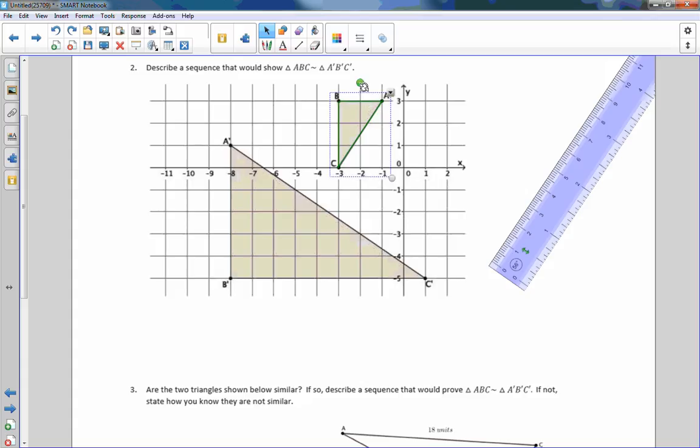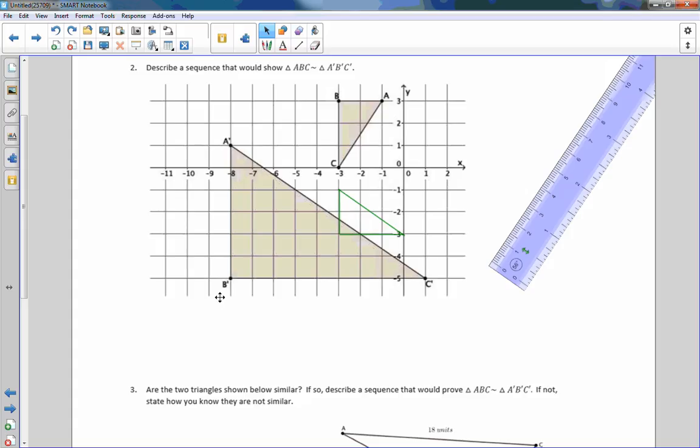So if I rotated this 90 degrees like so, that is not where it would end up. If I rotate about the origin 90 degrees, instead of going left 1, up 3, A would end up being left 3, up 1, and my C would end up on my y-axis here. So this would be a 90-degree rotation about the origin right here. So that is my first move.